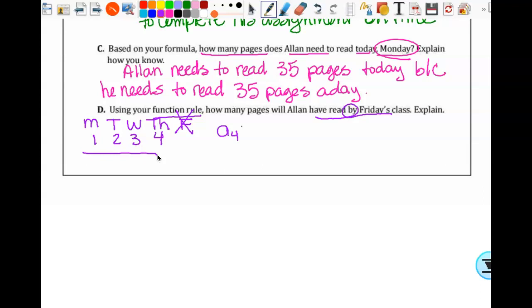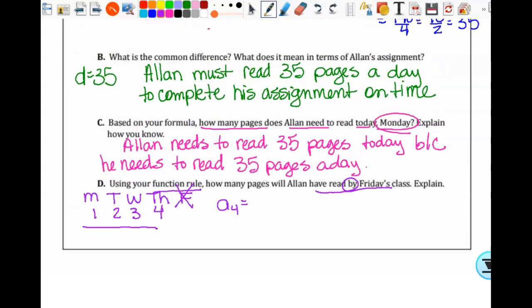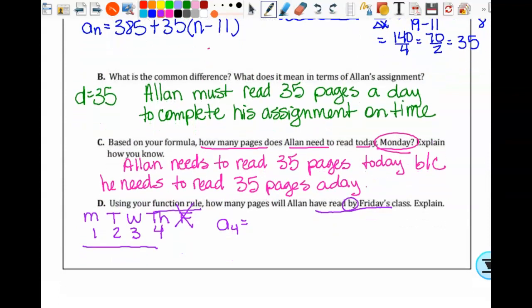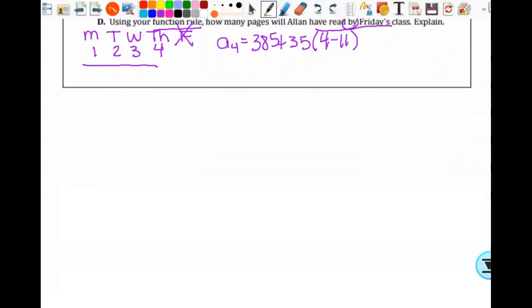All right, so a sub 4 equals, let's see, what was our 385 plus 35 times n minus 11. Not n, what is n? Sorry, 4 minus 11. Now, on that question above it, we thought, you know what?